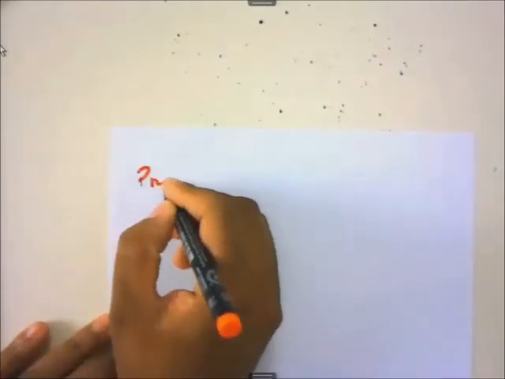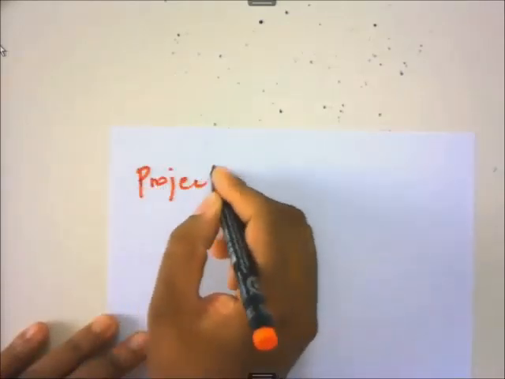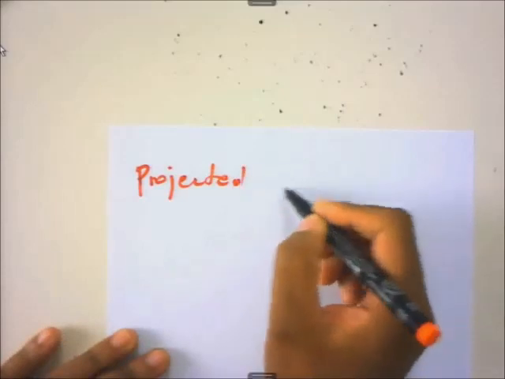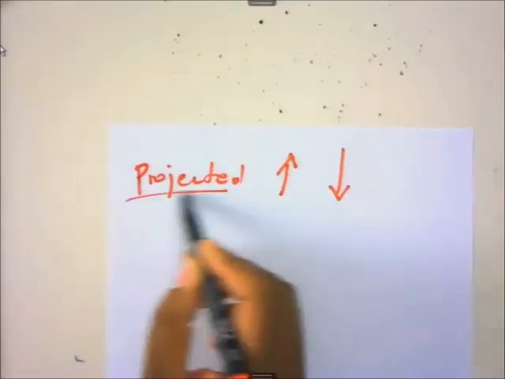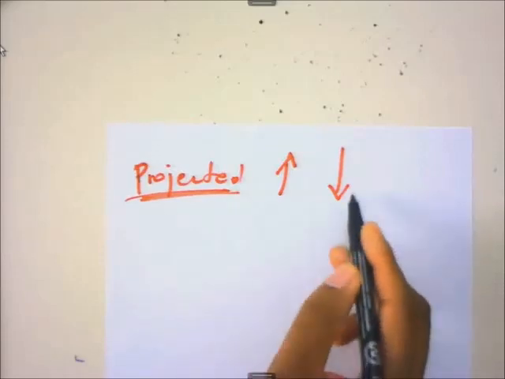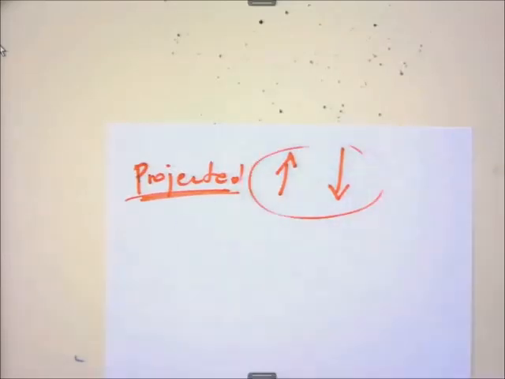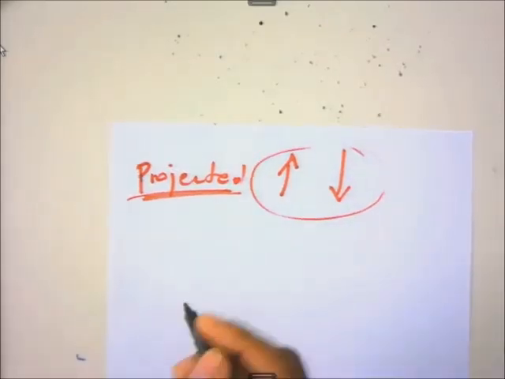When we talk of vertical projectile motion, we are talking of objects that are being projected. The object that is being projected upward or downward. So the projection will be there. But what is important is, when this object is moving, how is this object moving?